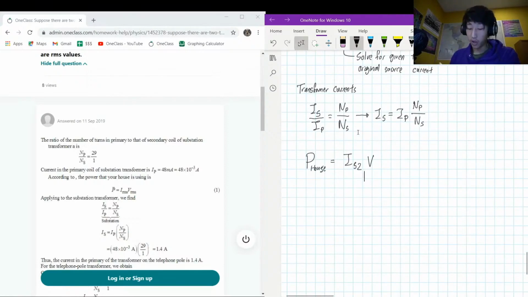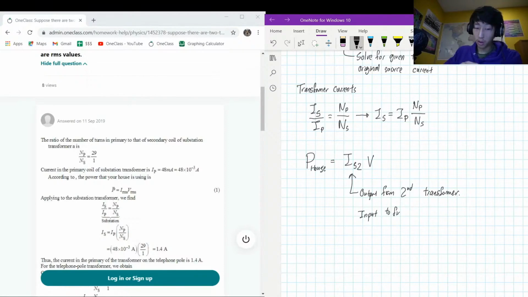But we know that the output from the first transformer is the input to the second transformer.